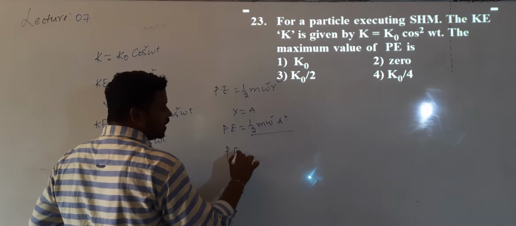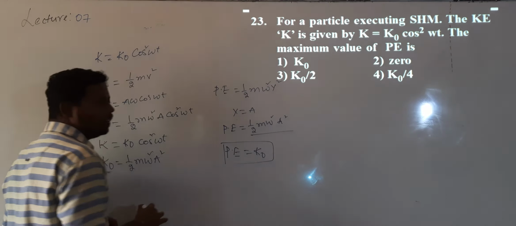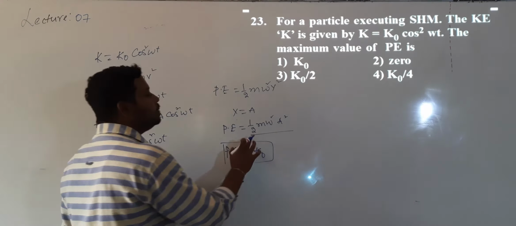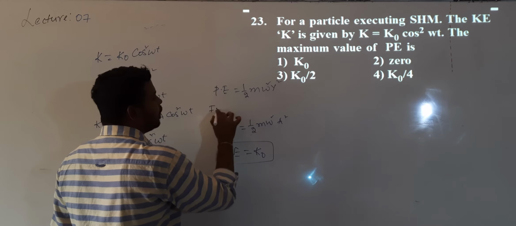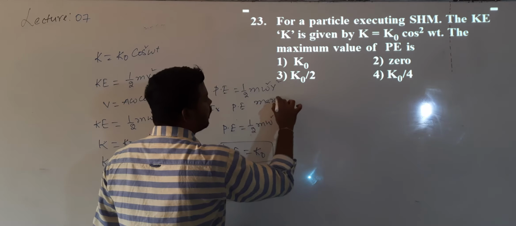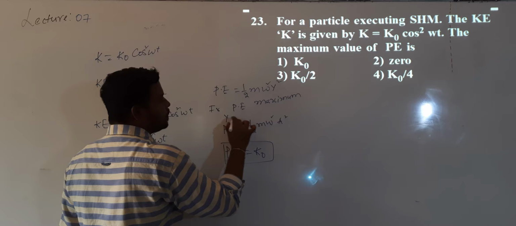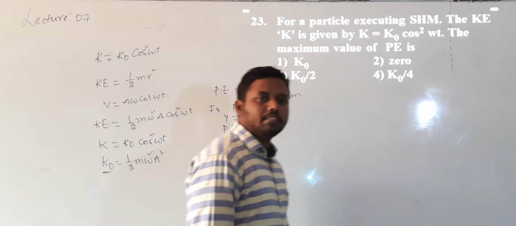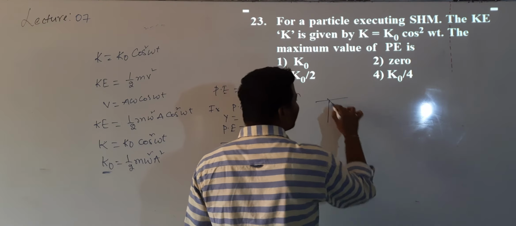Therefore the maximum potential energy is equal to K naught. Okay? Are you getting it? For maximum potential energy, the displacement equals the amplitude. We already discussed this in the synopsis, potential energy and kinetic energy.